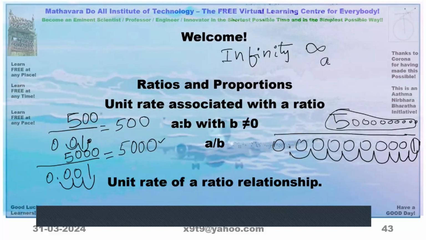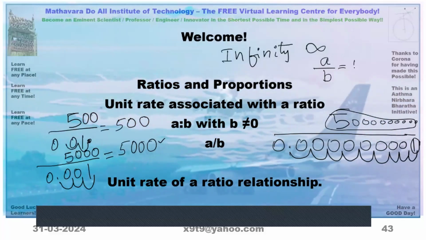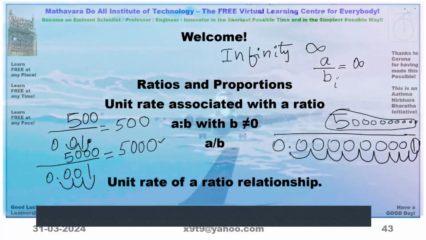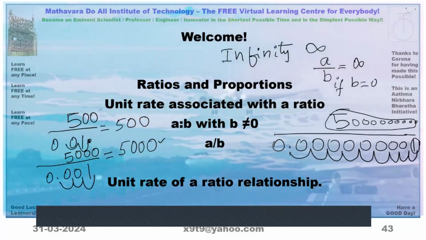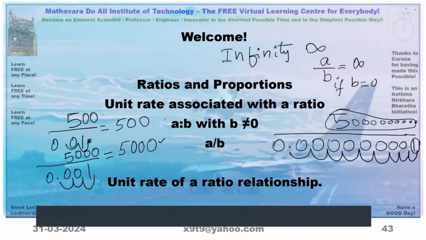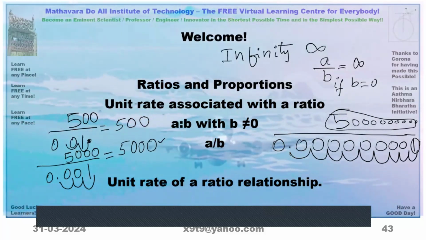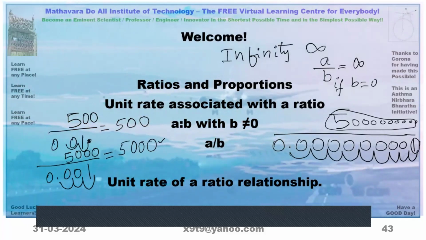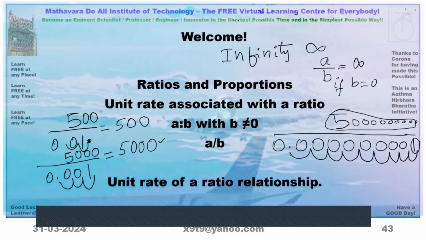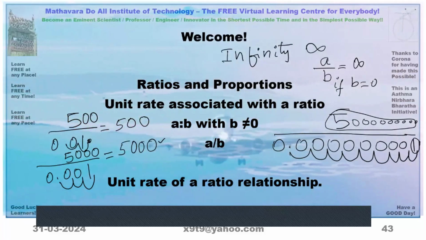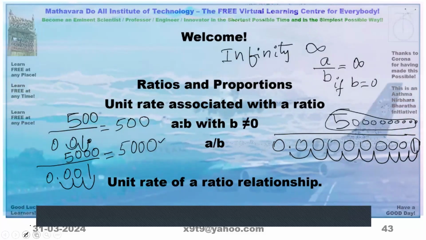So A divided by B is infinity if B equals 0. When the denominator is 0, the number becomes too large. Because of our inability to express such a big number, we call it infinity. That means it is a too large number. Are you able to follow? Yeah.